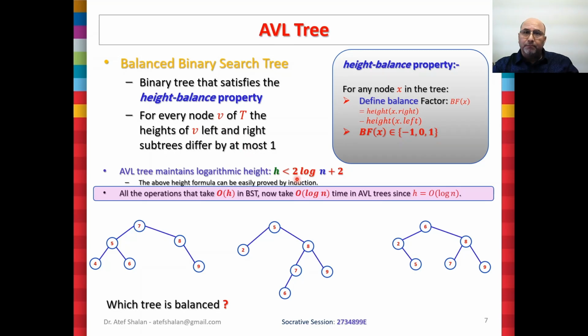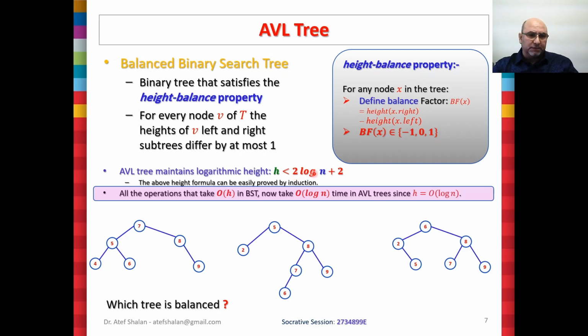All right, now by maintaining this constraint over the AVL trees, we also limit the height of the tree to always be bounded by 2 log of n plus 2. Now this inequality is easy to prove by induction, by solving the relationship between the number of nodes in an AVL tree relative to the height of the tree, which is mainly a recursive equation that looks something like the Fibonacci sequence.